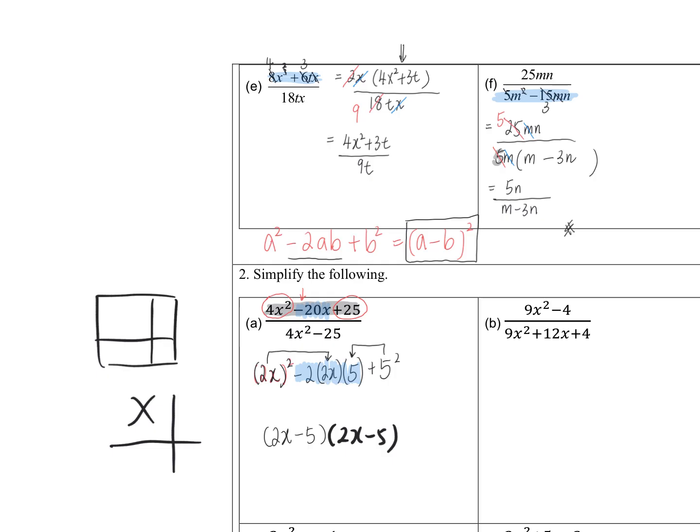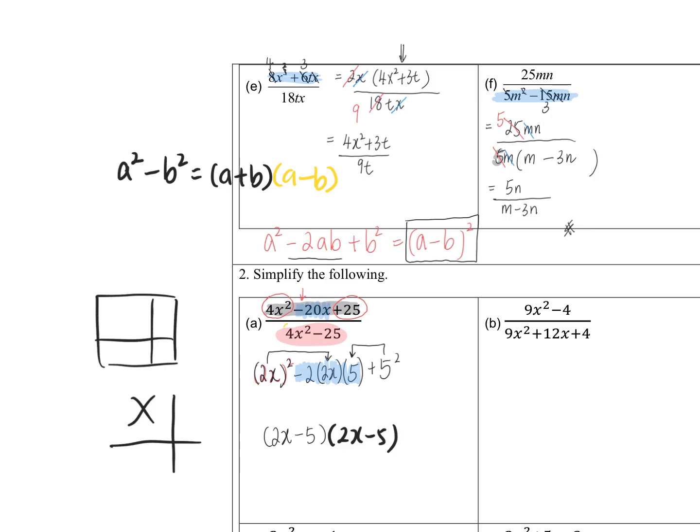Okay, now the bottom. Look at the bottom. How should I factorize this? Are they both perfect squares? So can I suspect that maybe I need to use this one? Okay, so likely I need to use a plus b, a minus b.